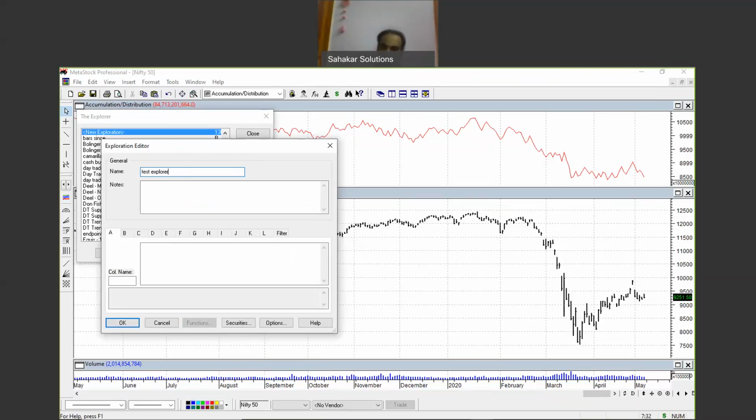Explorer 1. Okay. Now, in the filter column, you have to define the conditions which you want the stocks to meet. Here, our first condition is the close must be above the 10 days simple moving average as of today. So, for that, we use the command cross.